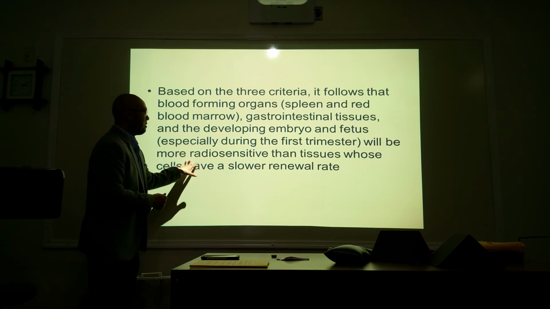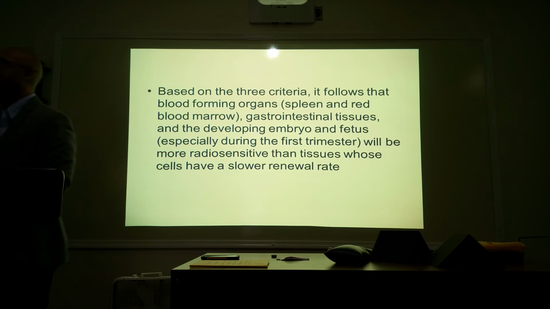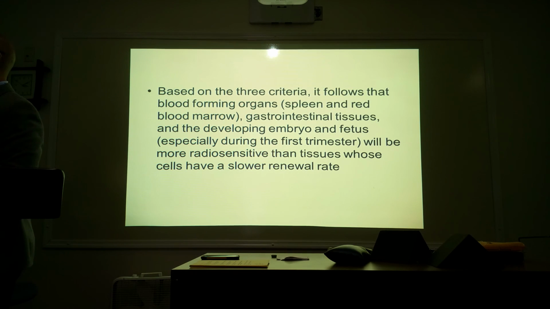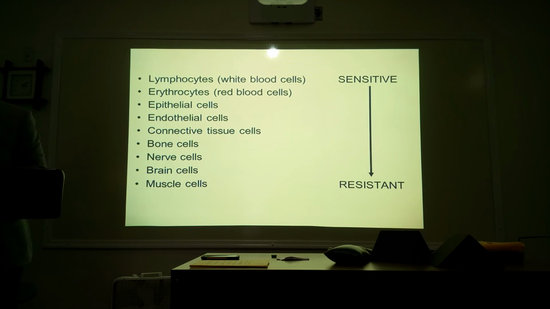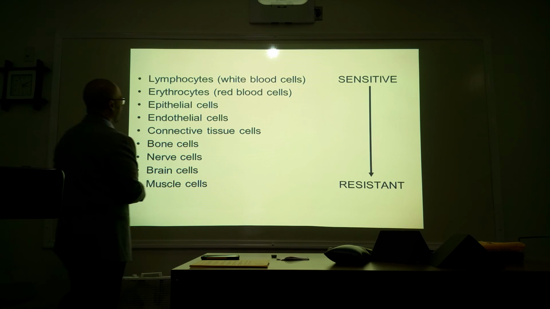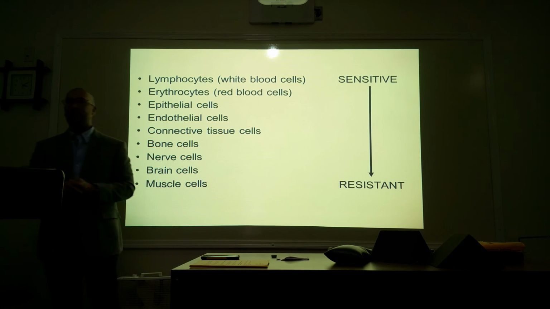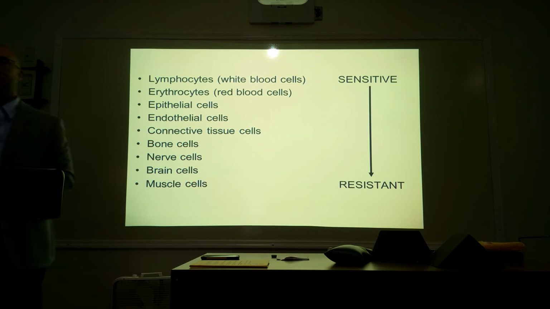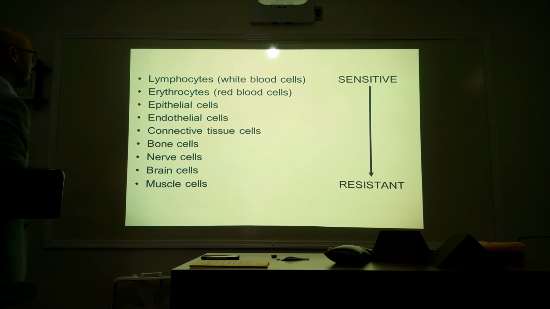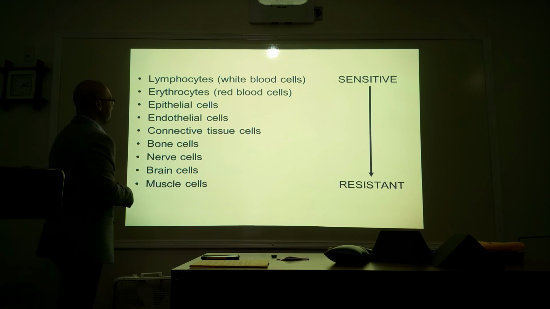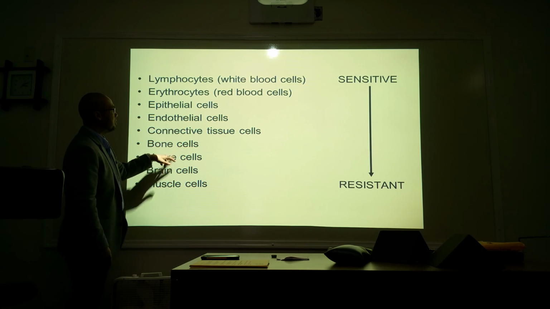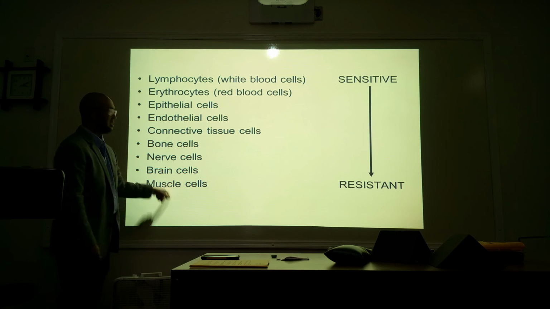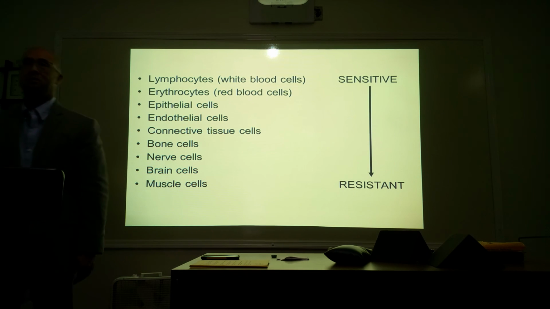Okay, so they will all be more radiosensitive than tissues whose cells have a slower renewal rate. So based on what we just talked about here, this is what it looks like. Your white blood cells and your red blood cells are going to be the most sensitive. And then you got your intermediate, and then the most resistant are going to be your bone cells, your nerve cells, and your brain cells, and then your muscle cells.